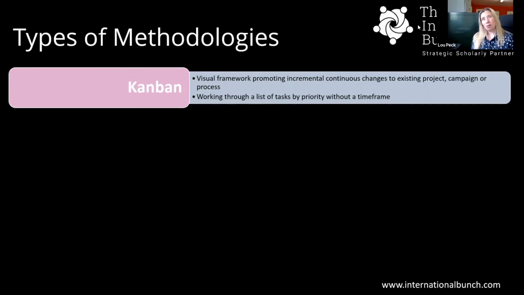And you're like, really? Working agile is about making sure you are working on the projects that are the highest priority for the business, in terms of what the business needs, and that changes. So Kanban means working through a list of tasks by priority, but without giving a specific time frame, and that can be quite frustrating for stakeholders who are very time frame driven.